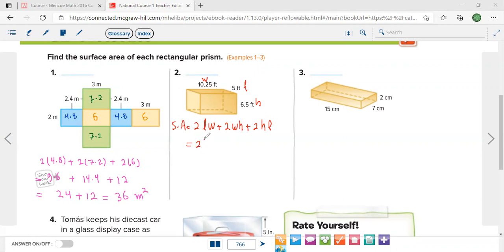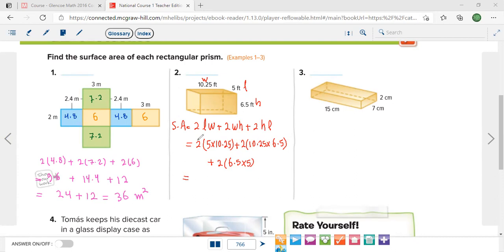So 2 multiplied by length times width, 5 times 10.25, plus 2 times width times height, so 10.25 multiplied by 6.5, plus 2 times height length, so it's 6.5 multiplied by 5.